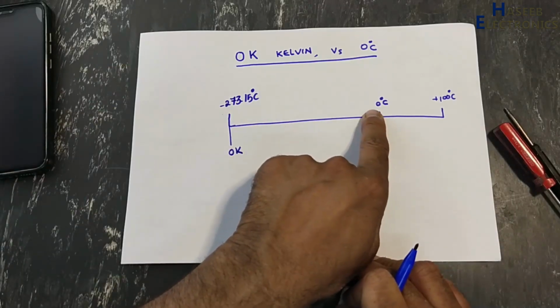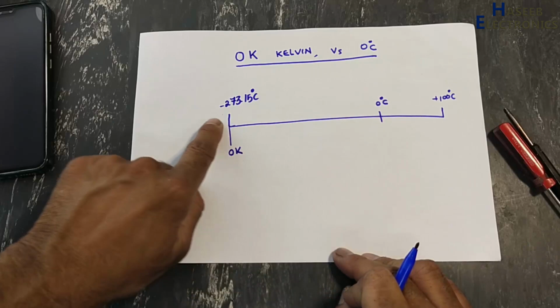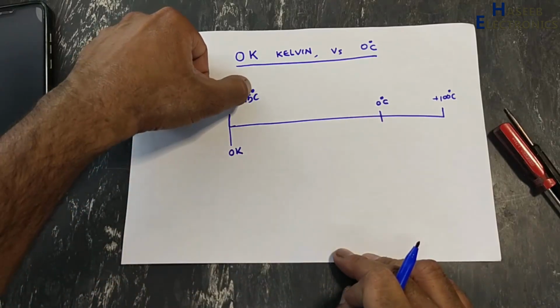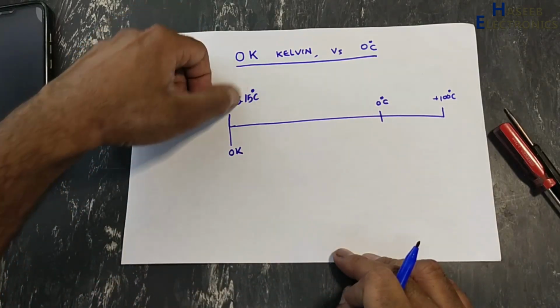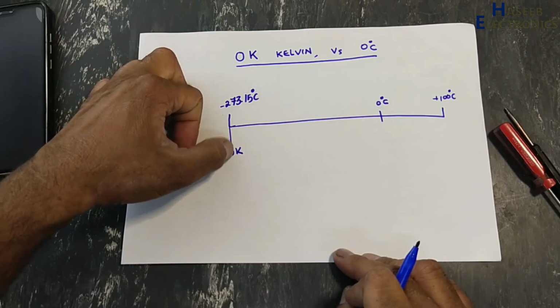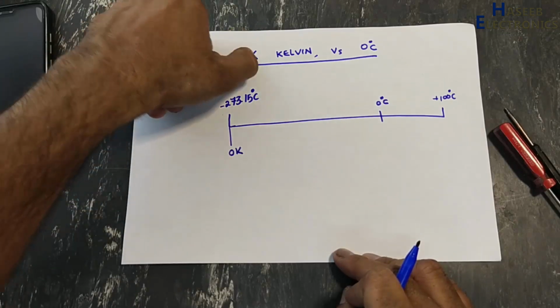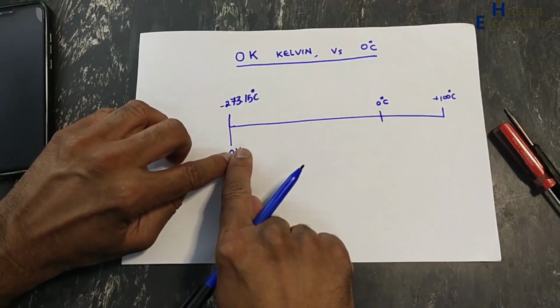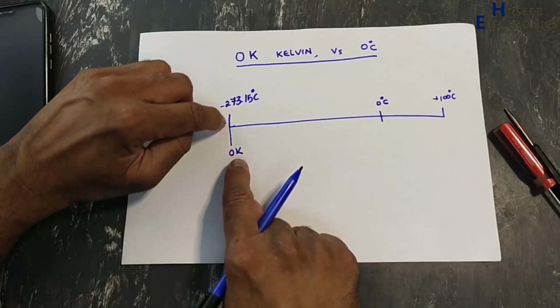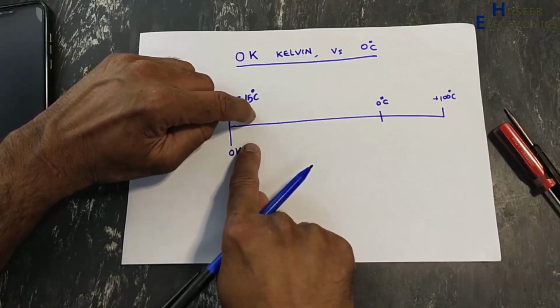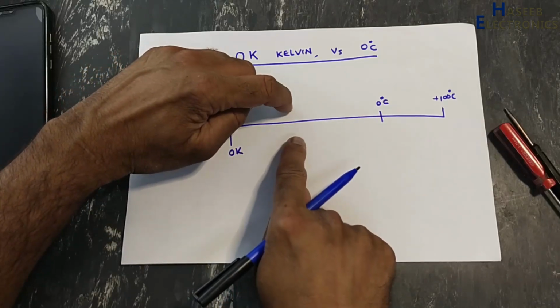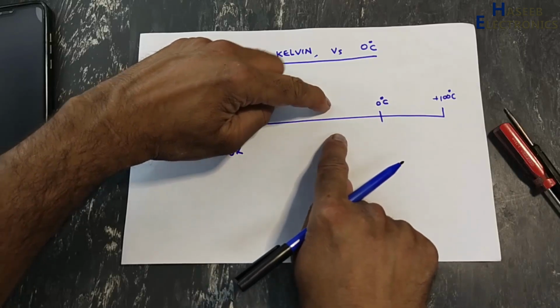When we decrease the temperature to minus 273.15 degrees Celsius or centigrade, it is called 0 Kelvin. Each 1 unit increase here causes 1 unit increase here, so it moves in equal steps.